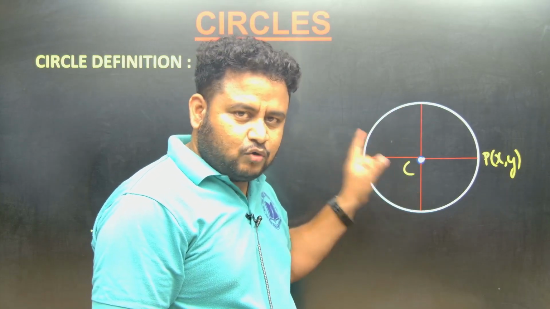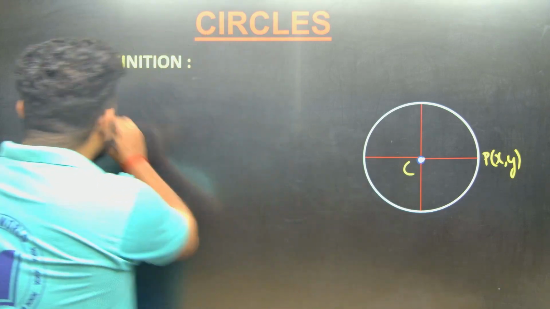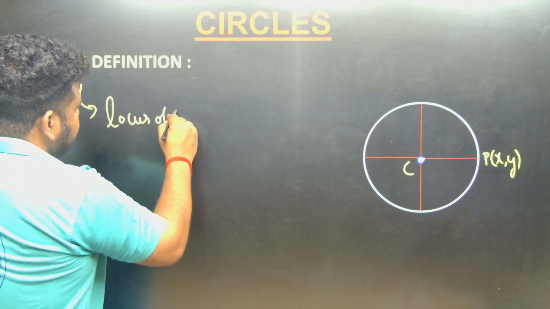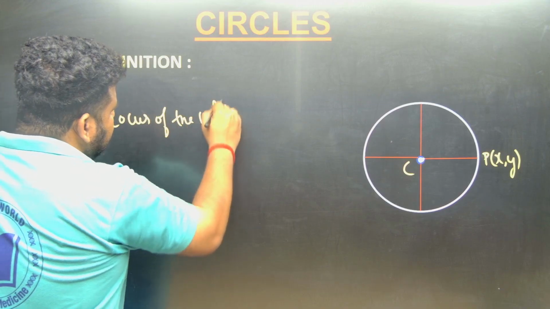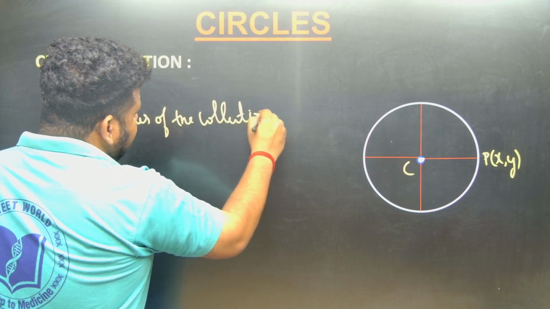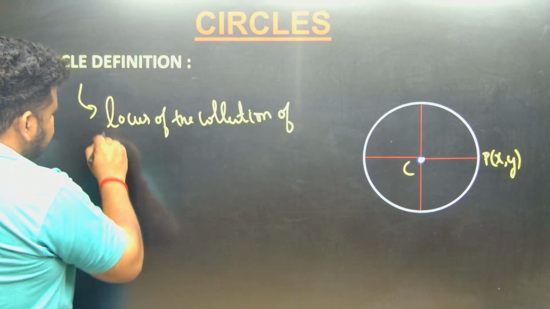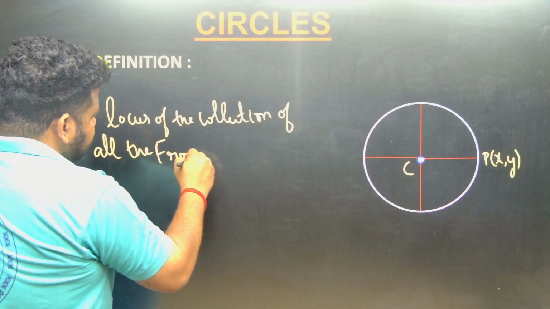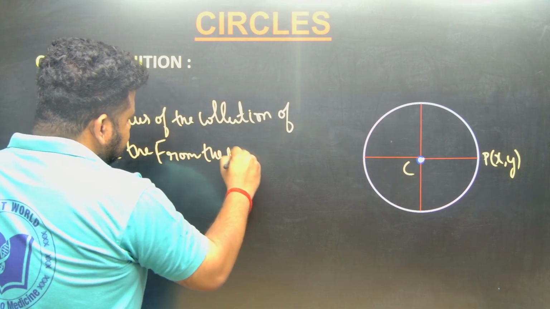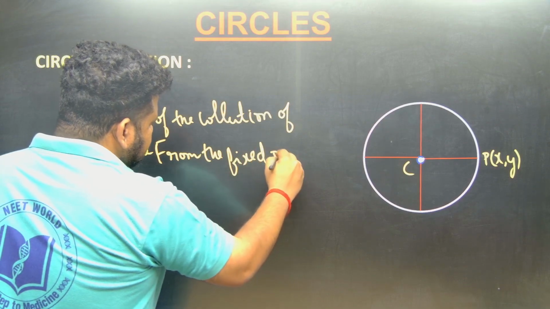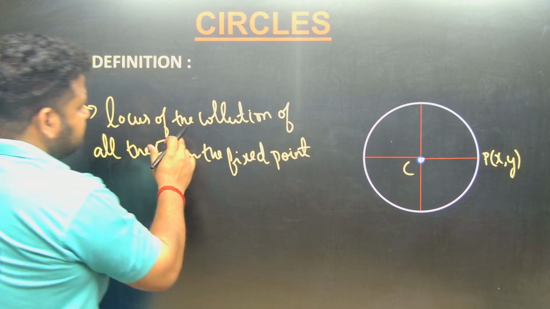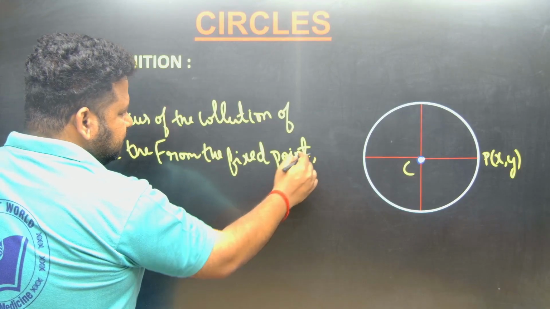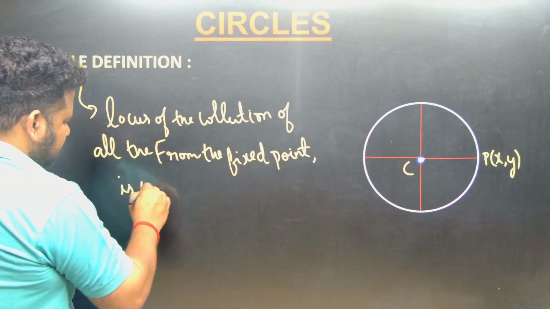Okay, what is the definition of circle? The definition of circle is the locus of the collection of all the points from the fixed point, is called circle.